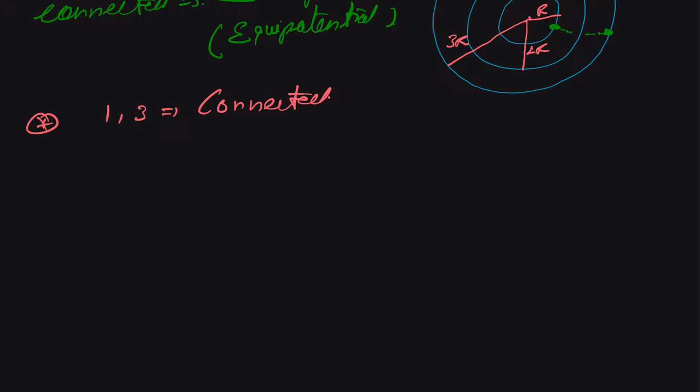Let us call this capacitor A, and this capacitor A will be formed between shell number 1 and shell number 2.